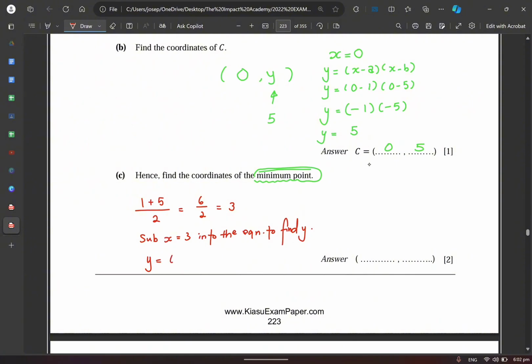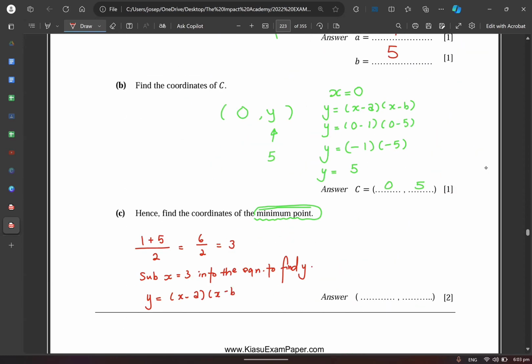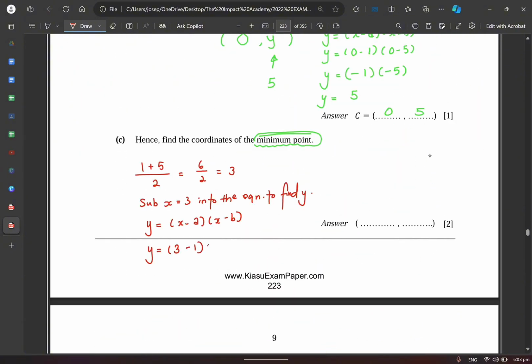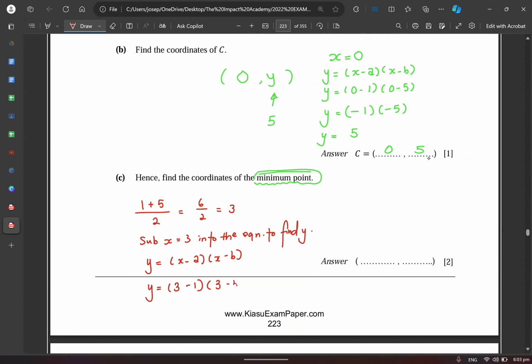y equals (x minus a)(x minus b). What's my a? My a is 1, so 3 minus 1. What's my b? My b is 5, so 3 minus 5.